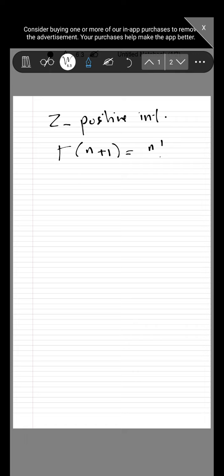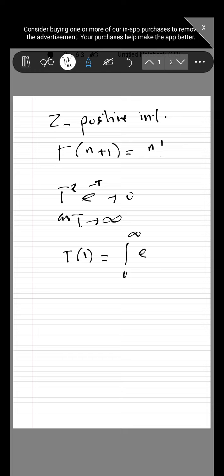What is the logic behind this is that t to the power z e to the power minus t tends to 0 as t tends to infinity, and gamma 1 is also equal to the integral 0 to infinity e to the power minus x dx, and it is equal to 1.